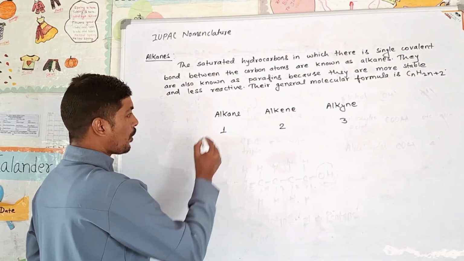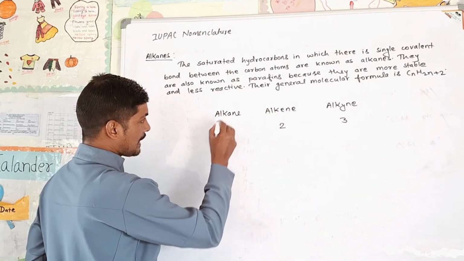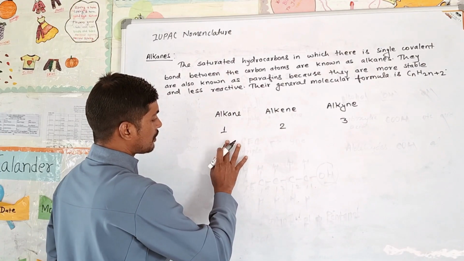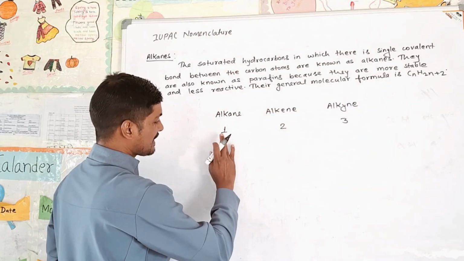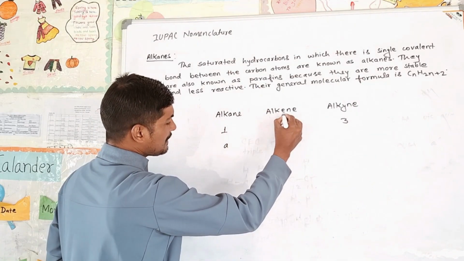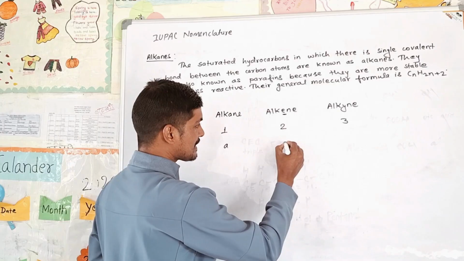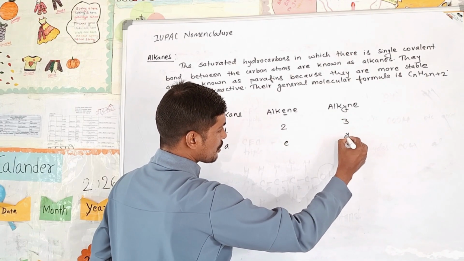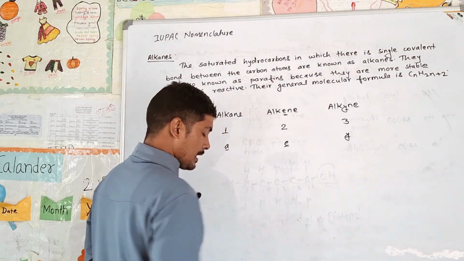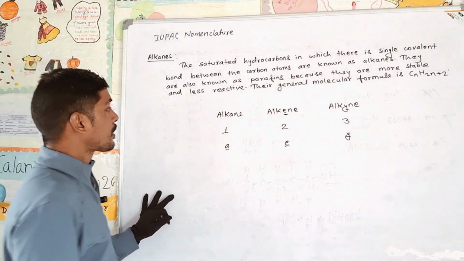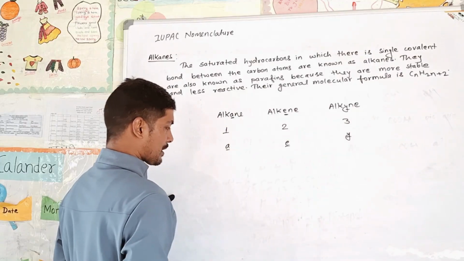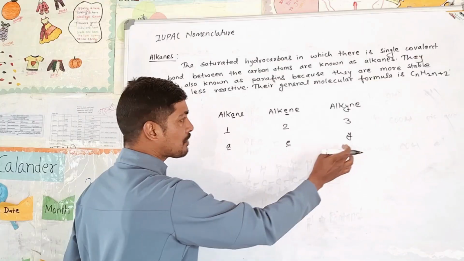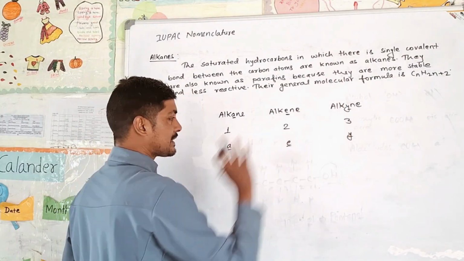Serially you remember, or you can remember the alphabet. Alkane, first letter of the suffix is A. Alkene, the first letter of the suffix is E. Alkyne, first letter of the suffix is Y. Alphabetical order of this suffix we have to remember: A, E, Y. So first A comes, then E comes, then Y comes. So in this way, 1, 2, 3.